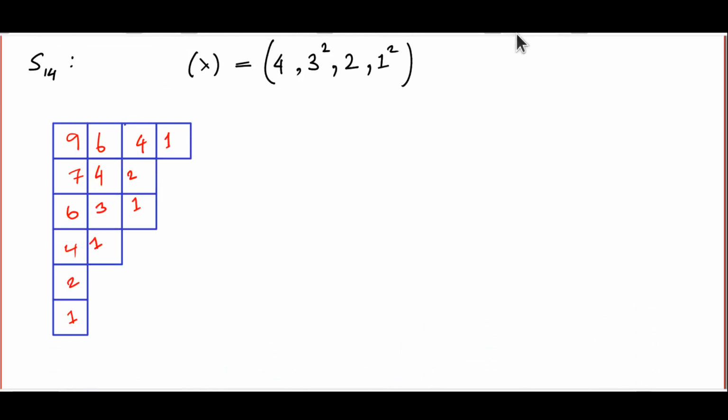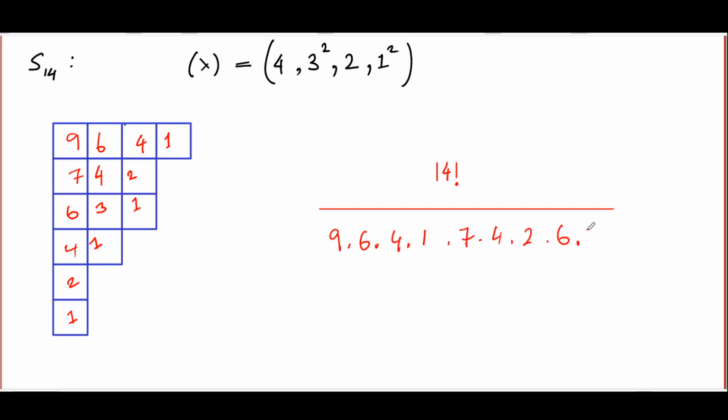So here, in our example, it's going to be 14 factorial, that's for the n factorial, divided by 9 into 6 into 4 into 1 into 7 into 4 into 2 into 6 into 3. I'm not bothering to write down the ones, into 4 into 2. Calculation itself is pretty straightforward.